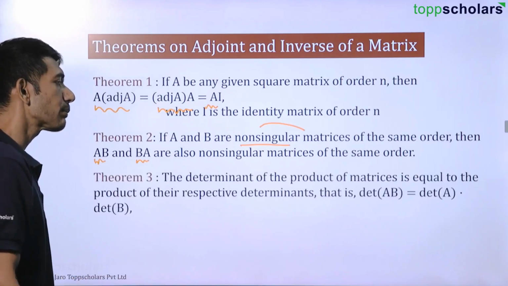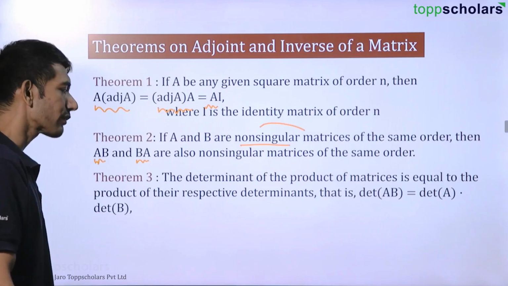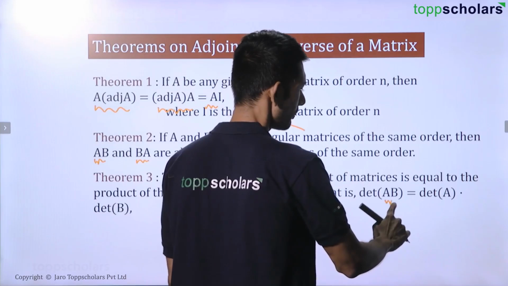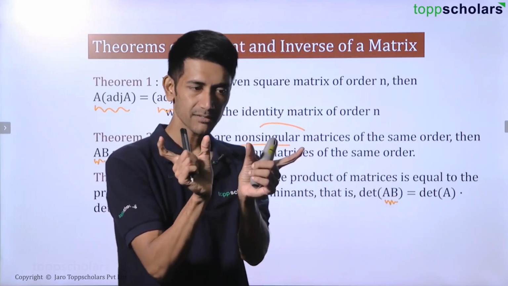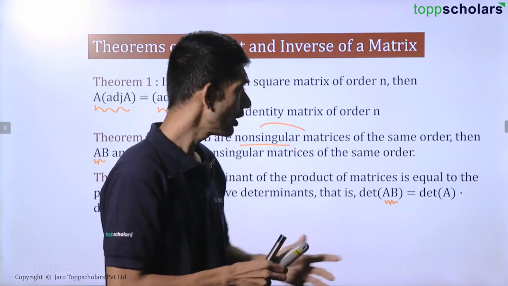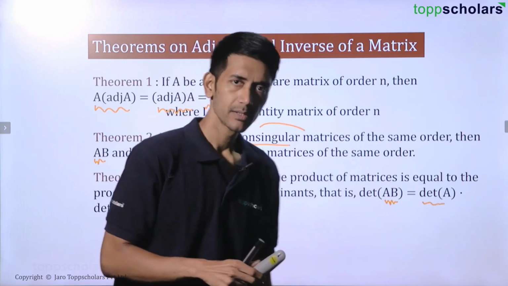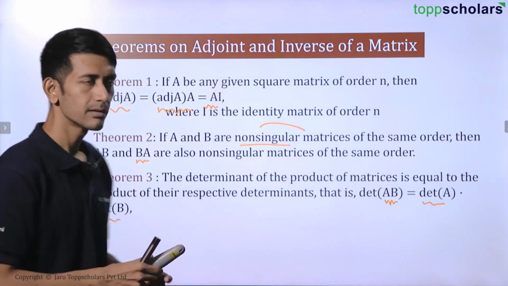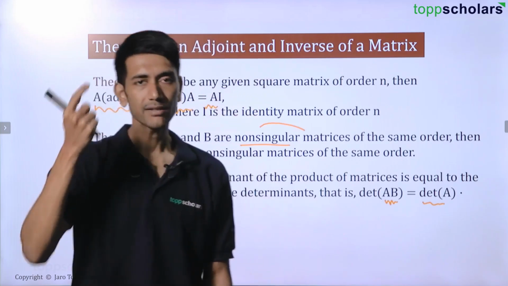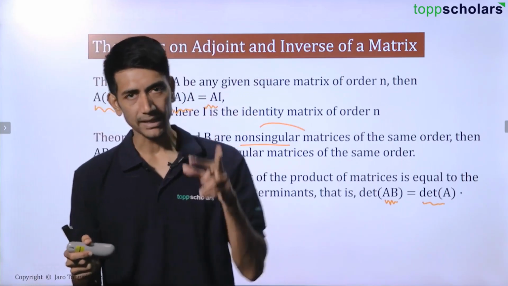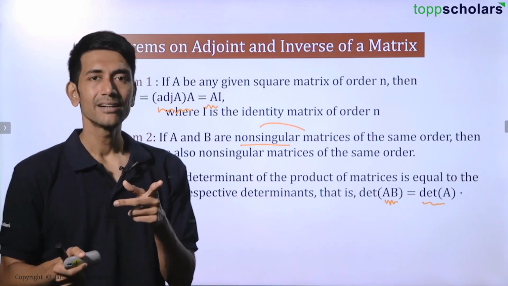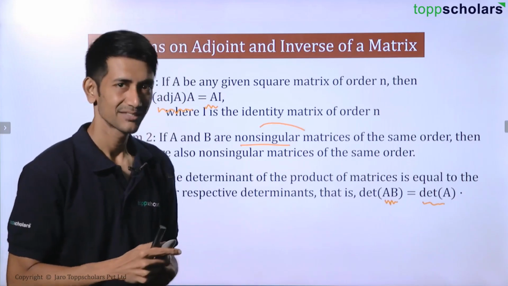The determinant of the product of matrices is equal to the product of their respective determinants. That means if you multiply A and B and then take the determinant, or you take the determinant of A first, then the determinant of B and multiply those two, the answer is still going to be the same. So it doesn't matter whether you multiply the matrices first and then take the determinant, or you multiply the individual determinants. Fine.